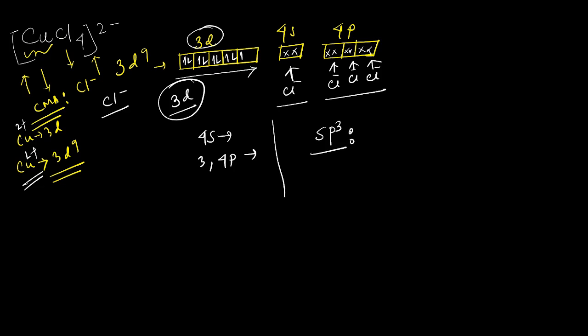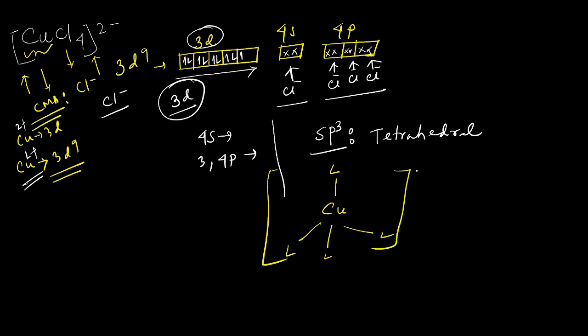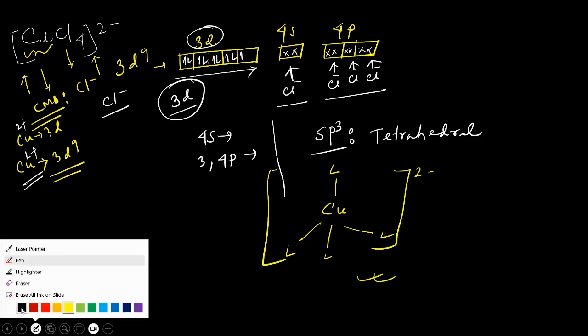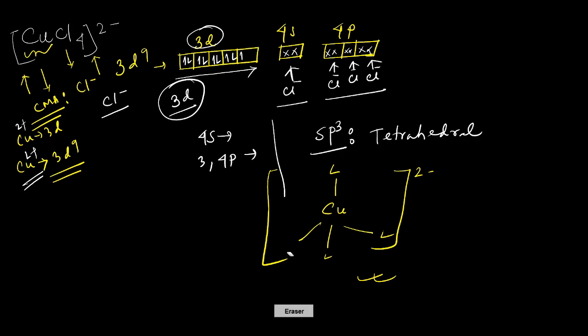As the central metal atom has obtained sp3 hybridization, its geometry becomes tetrahedral, where the central metal atom copper remains at the center of the tetrahedron and all the 4 Cl minus ligands remain at the 4 corners of the tetrahedron, right? Like this. And this becomes the shape of the CuCl4.